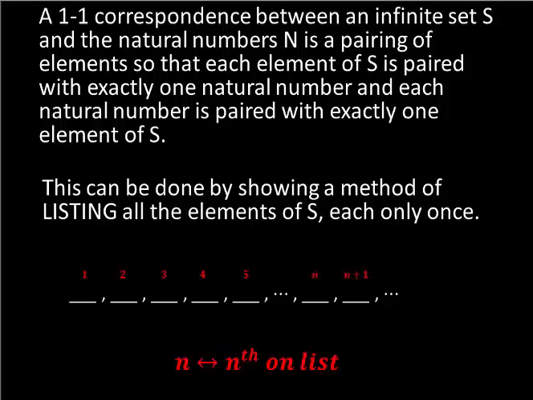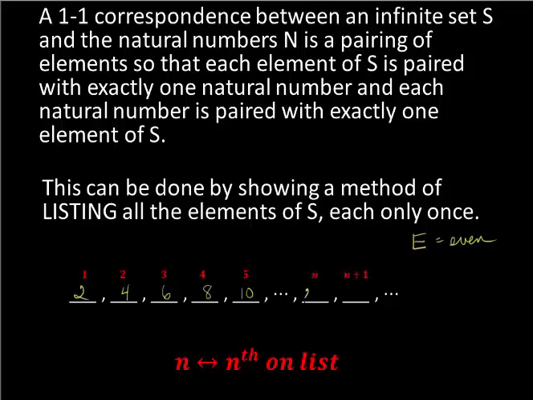set in question. Let's say that we take the even numbers, all the even natural numbers. Well, I'll put 2 as first on the list, 4, 6, 8, 10, and so on. Now, in this case, I actually know a formula because obviously n is paired with 2n. 5 is paired with 2 times 5.